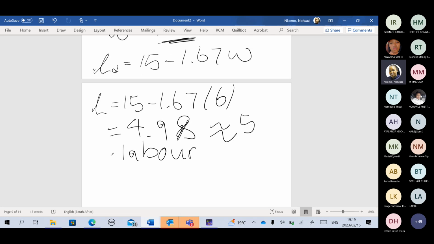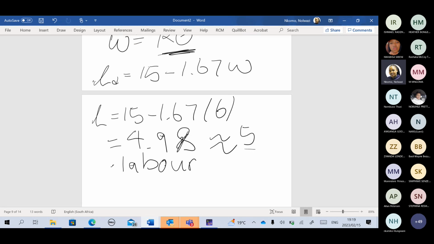So at this amount of wages, the company will only be able to employ 5 workers.